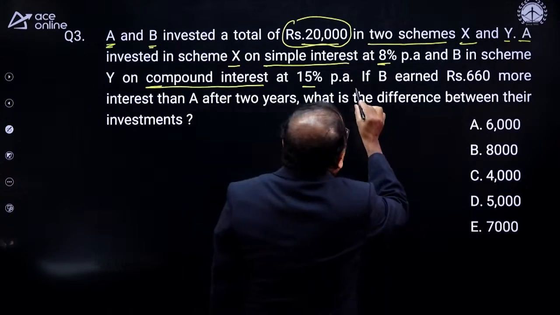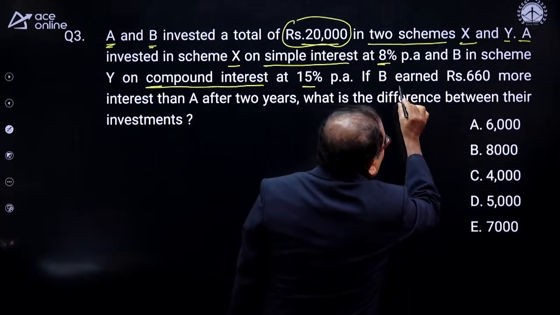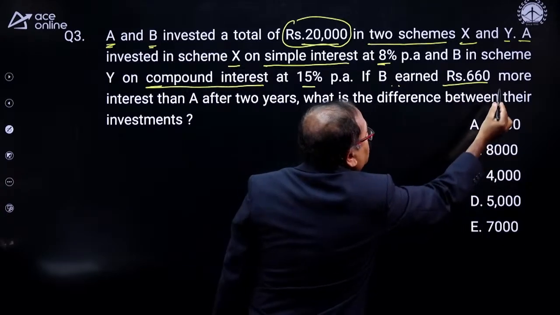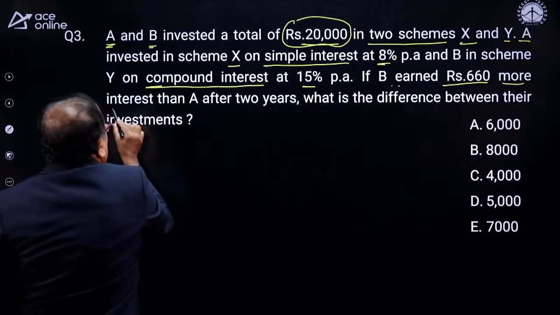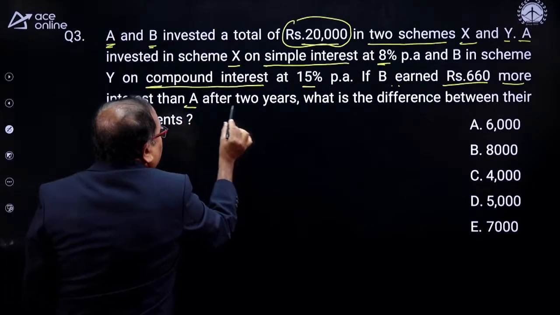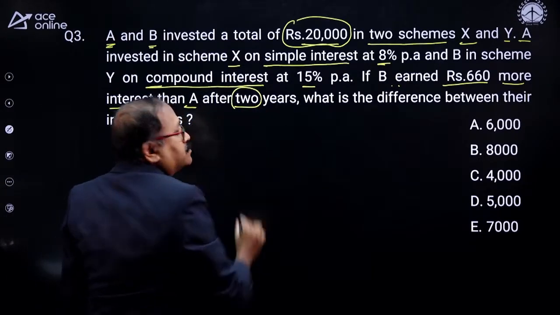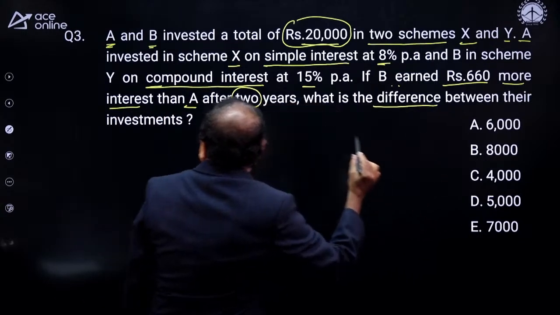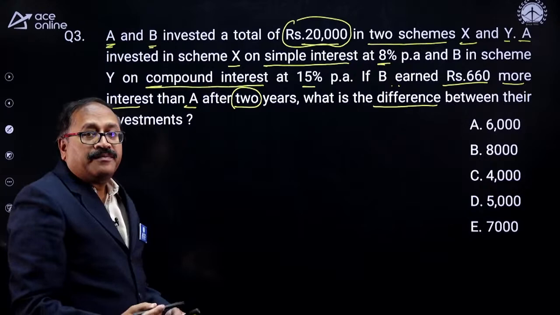Now, if B earned 660 more interest than A after 2 years, then what is the difference between their investment?